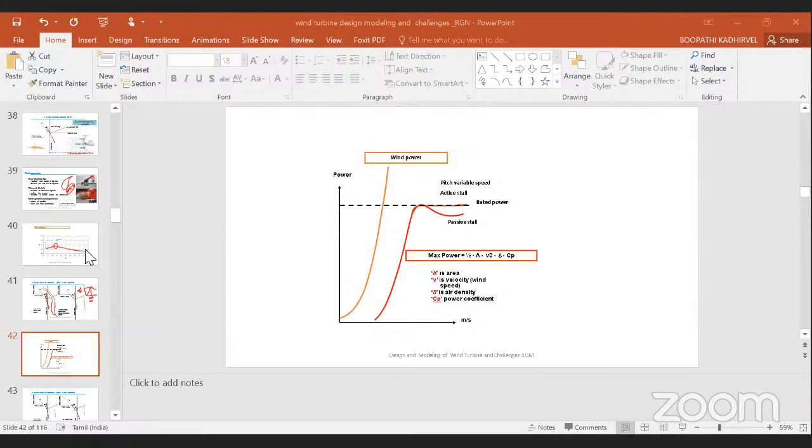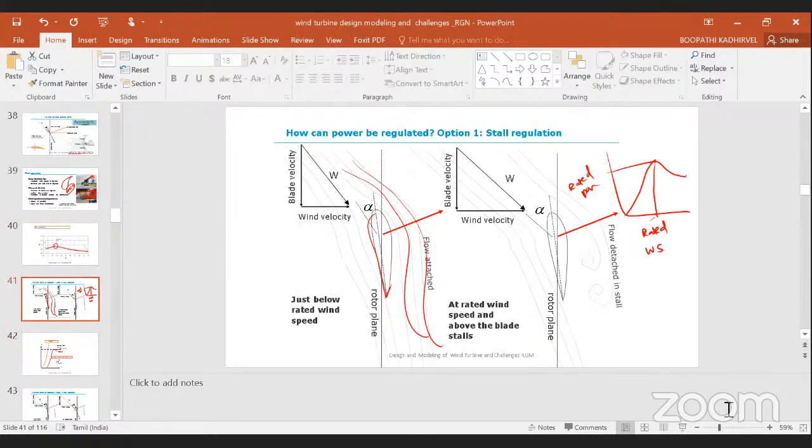Yes, sir. Can you see my screen? Yes, sir. Okay, right, sir. It was disconnected.